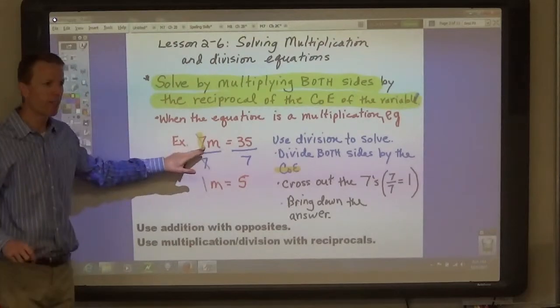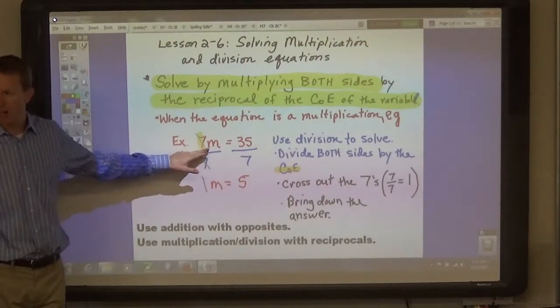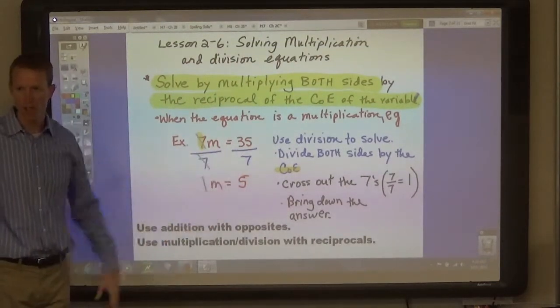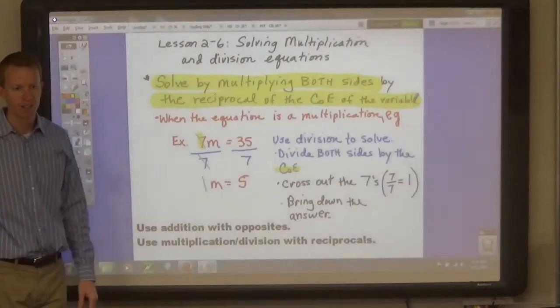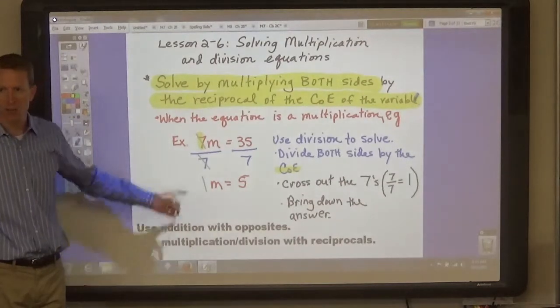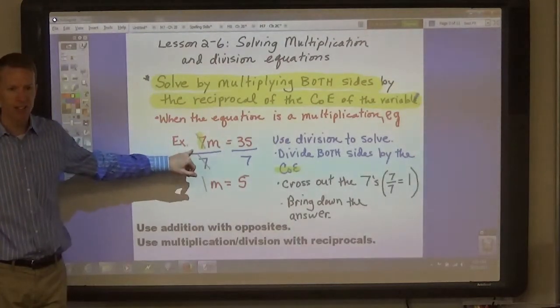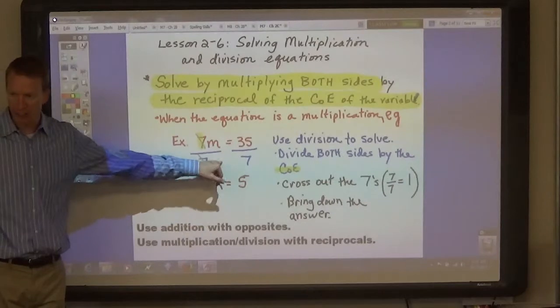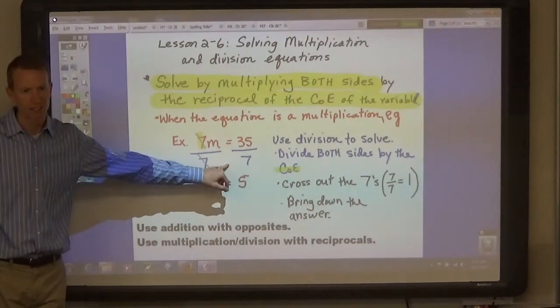So, if you're given this equation, 7 m's, 7 times m equals 35, find the coefficient. What's the coefficient again of this equation? 7. And then divide both sides by 7.